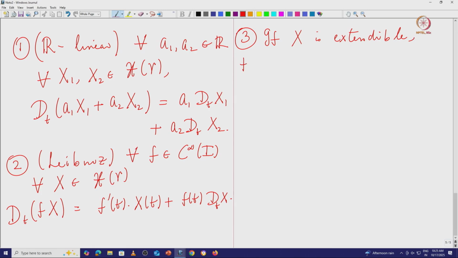if x is extendable, then for any extension x tilde, we have this.